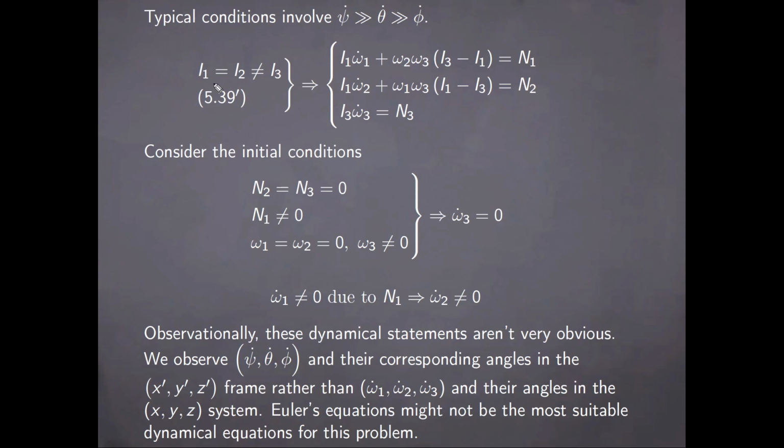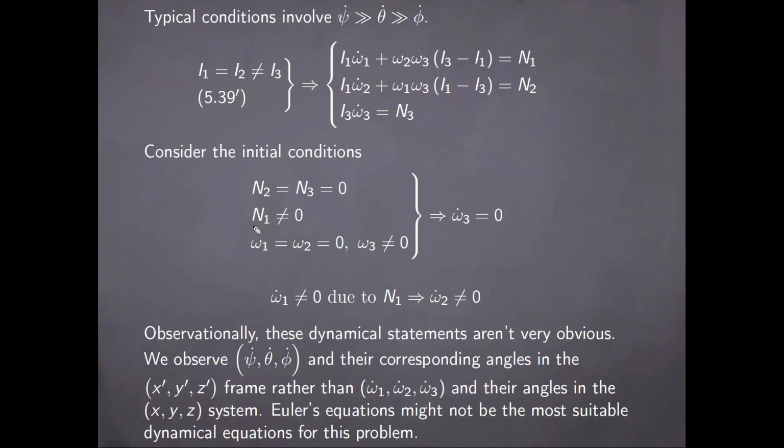Furthermore, since the body is symmetrical around the z-axis, the moment of inertia corresponding to the figure axis is different from the other two, which are equal. And if we use this condition in the Euler equations, we obtain explicitly the equalities listed here.